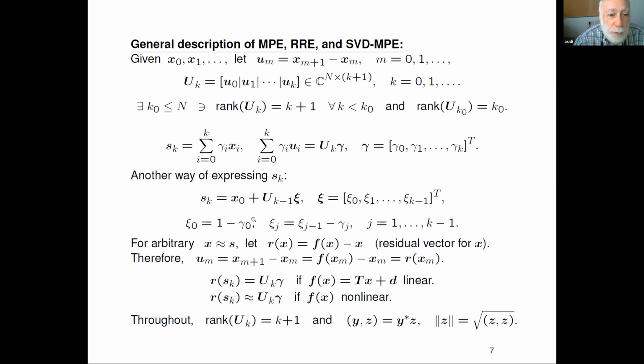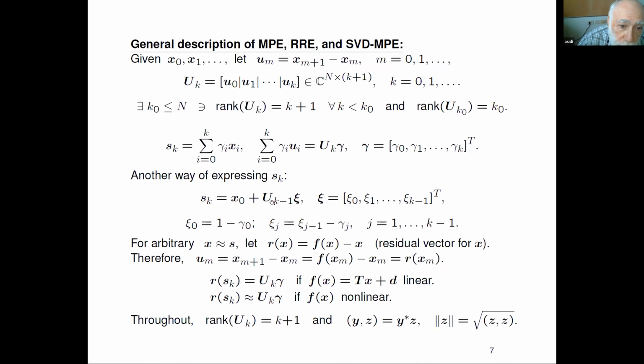Once you have the gammas, you can compute the xi's by using these expressions here, and then you can form your S sub k. So the residual vector is f of x minus x. It is the residual vector because at x equals s it is 0. If x is slightly different than s, then it's going to be a small vector.